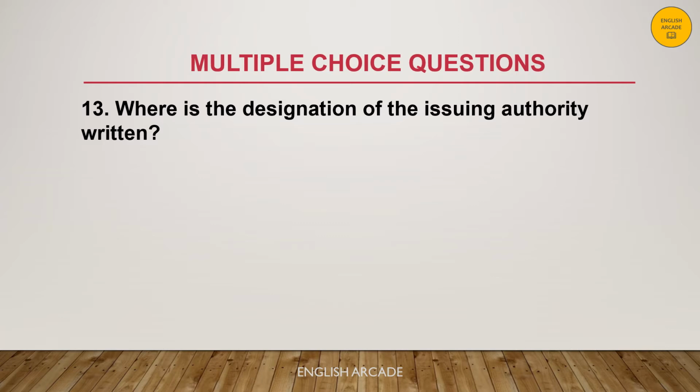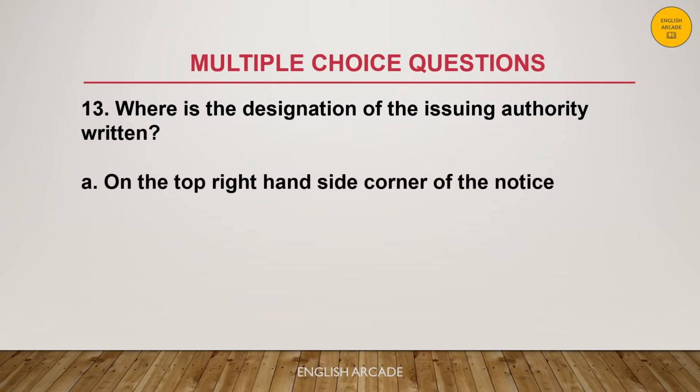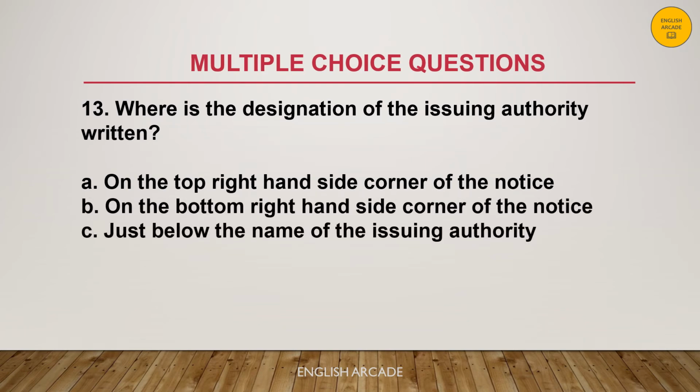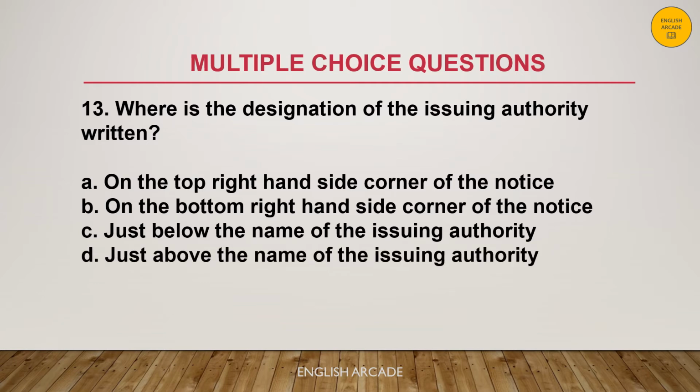The designation of the issuing authority, is it written on the top right hand side corner of the notice, bottom right hand side corner of the notice, just below the name of the issuing authority, or is it just above the name of the issuing authority? Well, the correct answer is C. It is written just below the name of the issuing authority. So on the bottom left hand side corner, we have the name of the issuing authority followed by the designation.